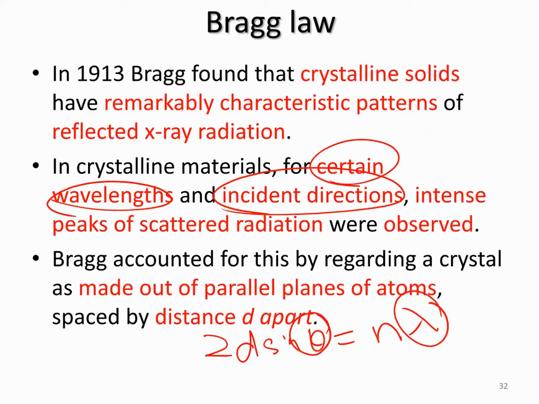So Bragg accounted for this by regarding a crystal as made out of parallel planes of atoms spaced by distance d apart. So they started to think that actually the crystal is made out of many atoms, and the atoms are arranged properly through many planes. Okay, before the Bragg law was invented, no one knew how the atom looked.